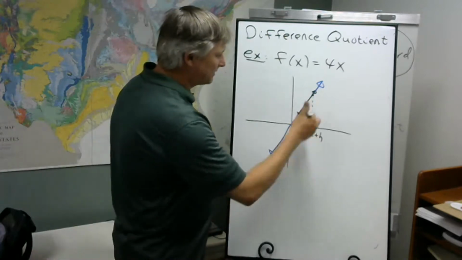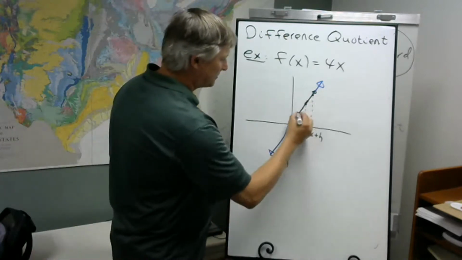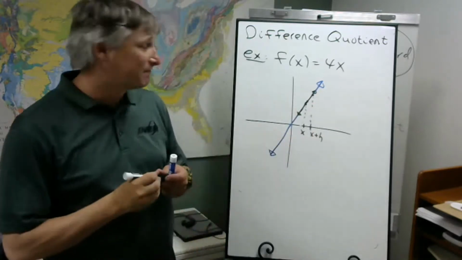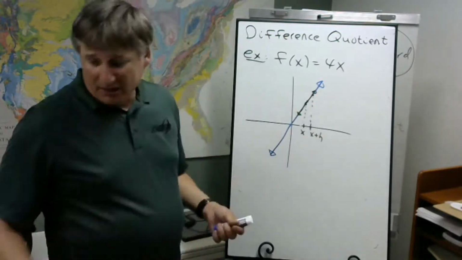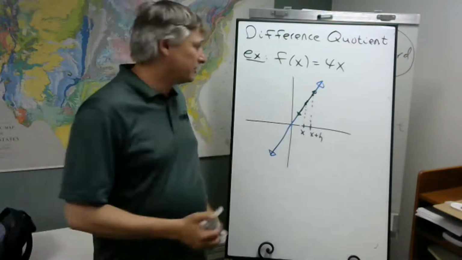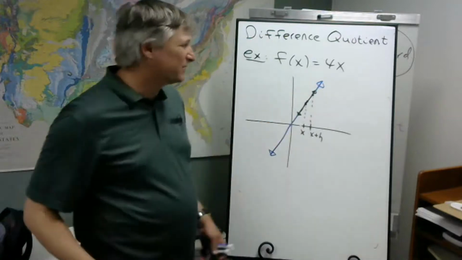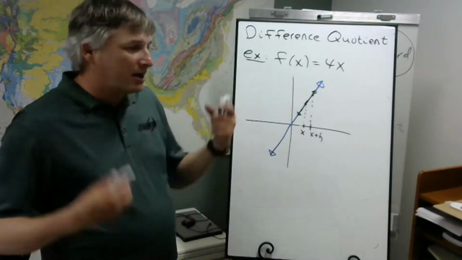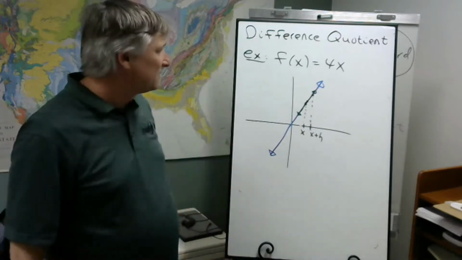So when h is practically 0, you're still drawing through those 2 points parallel and on top of this line. So oddly enough, your tangent line actually sits on top of your curve, which is usually not what we mean by a tangent. A tangent is when it contacts the curve only at one point.